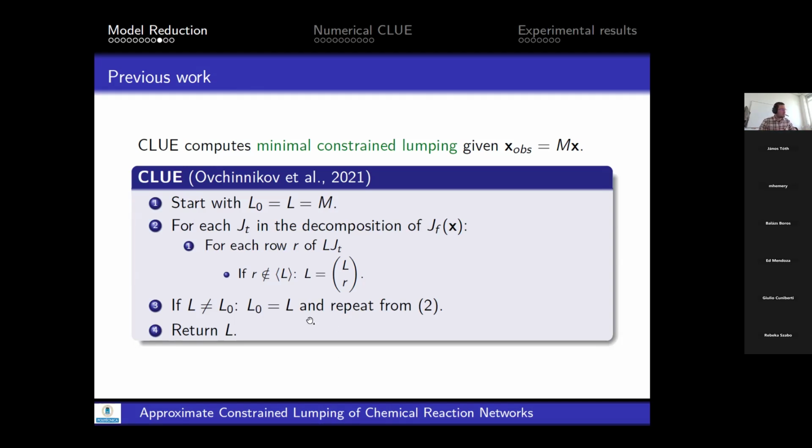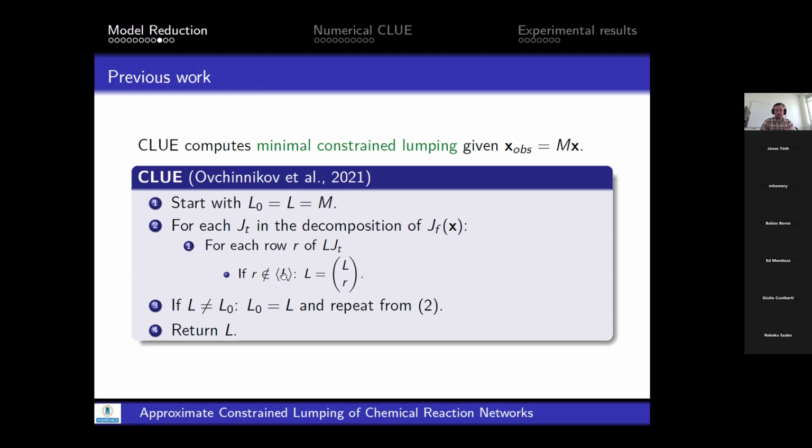And how is this algorithm working? You say, okay, I start with my observables as my lumping for now, and then for each matrix in the decomposition of the Jacobian, using this decomposition via monomials that I talked about before, we try to make the matrix L invariant under this operation. So we multiply L times the Jacobian part, and for each of these rows we check: is this row in the space spanned by the rows of L?